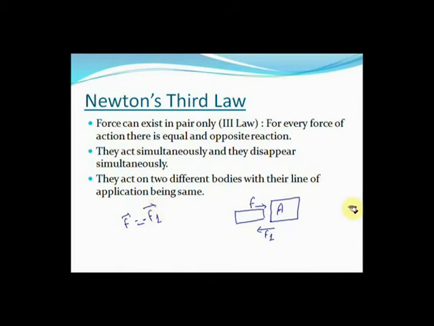So the moment this rod stops exerting force F, the block A also stops exerting force F1 on the rod. So the pair of forces F and F1, they act simultaneously and they disappear simultaneously.